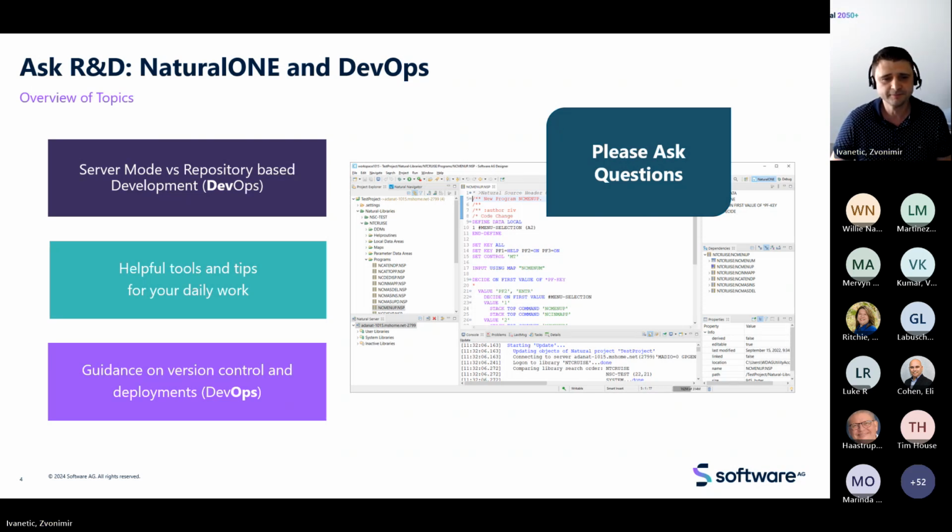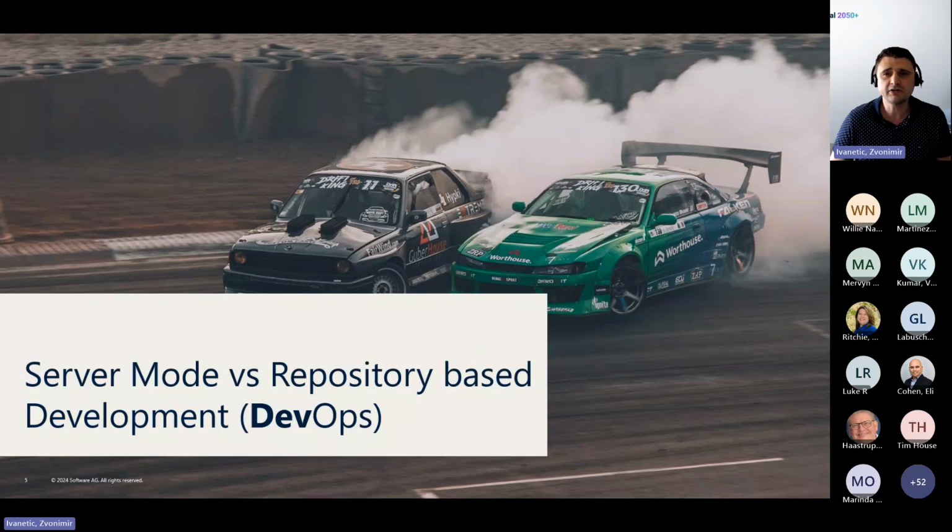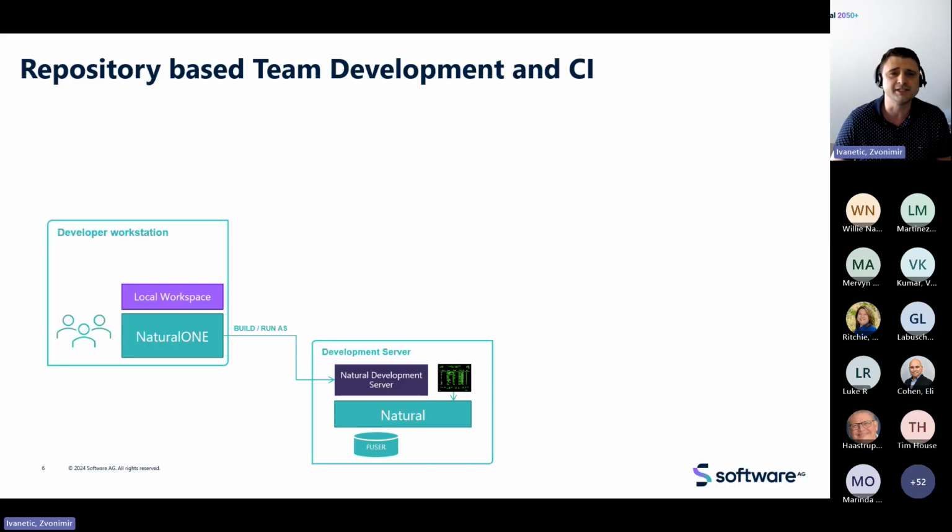Good. With that, let me quickly recap the server mode versus repository-based development that we saw last time. I just picked one slide to reiterate this approach. We will not go into much detail, but you should be aware of the repository-based approach and how it works.